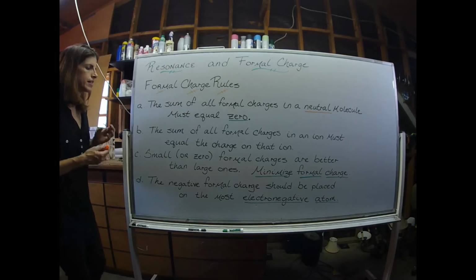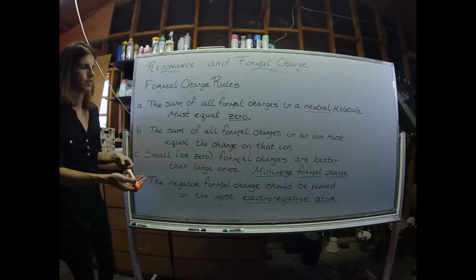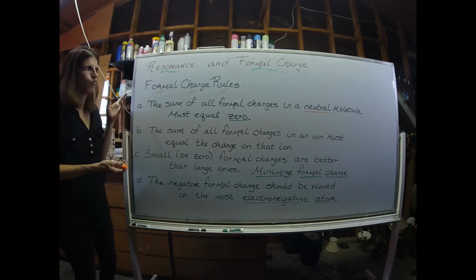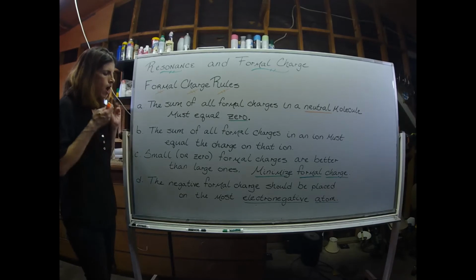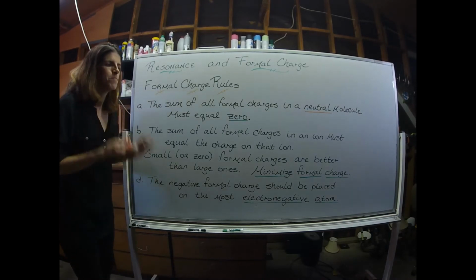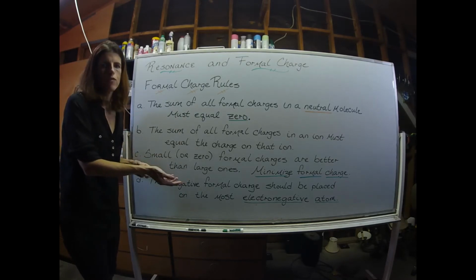Rule C is going to help us figure out what is the best structure when there's multiple possibilities. These multiple possibilities are called resonance structures. So what we want to do is create a structure that minimizes formal charge. So we don't want to have a -3 formal charge.